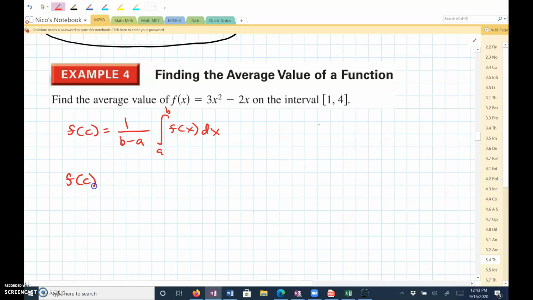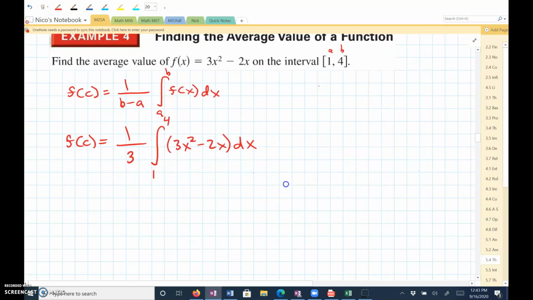So f of c, that's your average value. This is going to be a, this is going to be b. So 4 minus 1 is 3. We're going to integrate this from 1 to 4. And f of x would be 3x squared minus 2x dx. This should be an easy integral for us to solve.